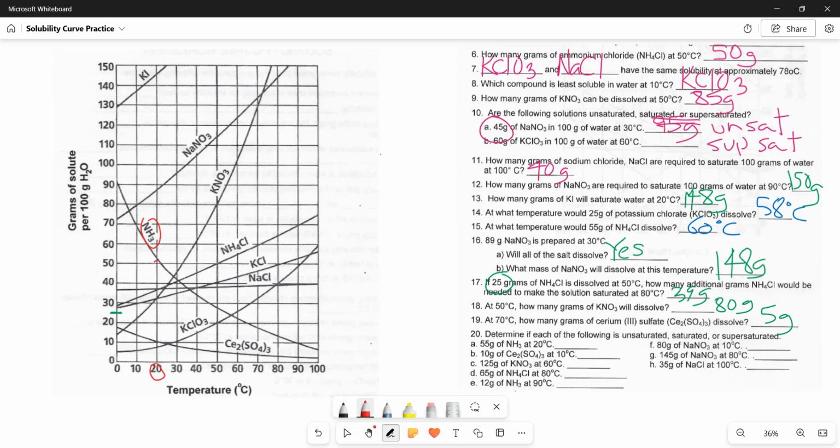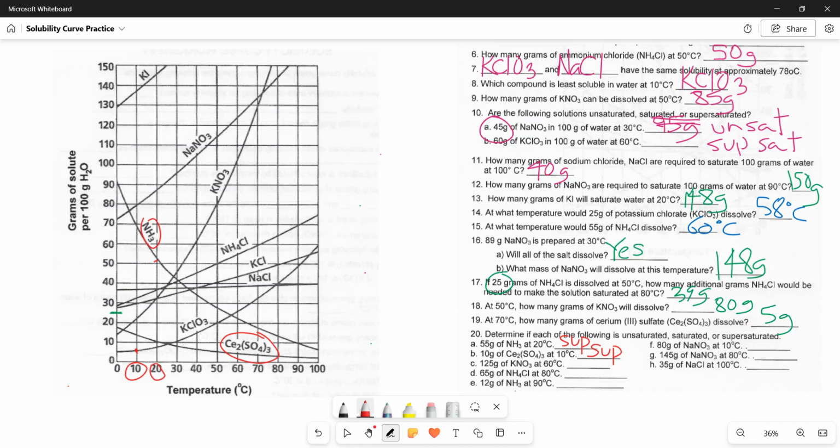And at 20 degrees, 55 is going to be more. So this is going to be supersaturated. And then we have the cerium sulfate. We have 10 grams at 10 degrees. 10 degrees, point here. Oops, our point is here. We usually have 5. Again, this is going to be a supersaturated solution because 10 grams is more than what's at a saturated point.